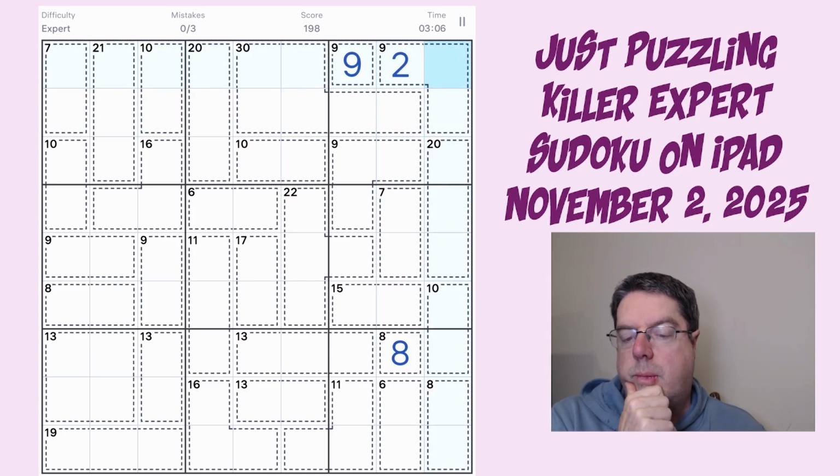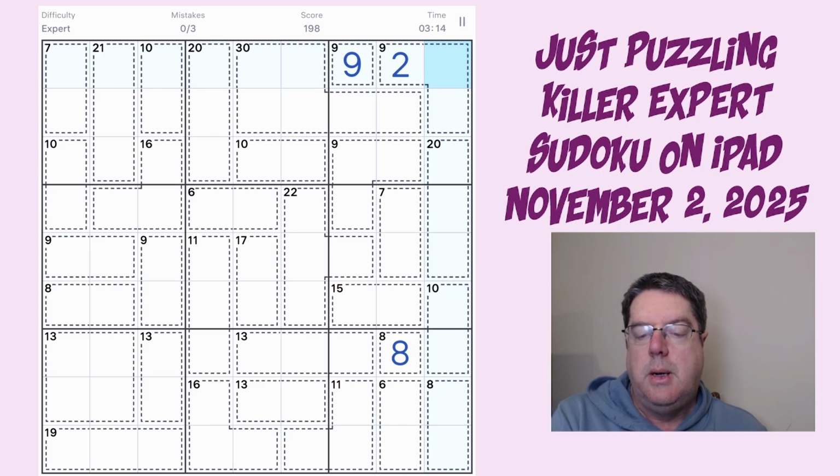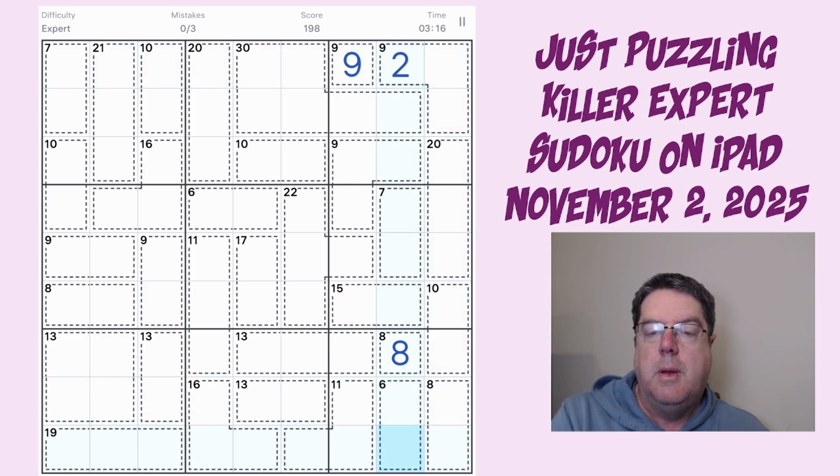So 1 and 6, 3 and 4. This is going to be 1 and 5 because of the 2. So this could have been 2 and 4 or 1 and 5. So 1 and 5 here, which means this is 2 and 6. So if this is 2 and 6, this has got to be 3 and 4.